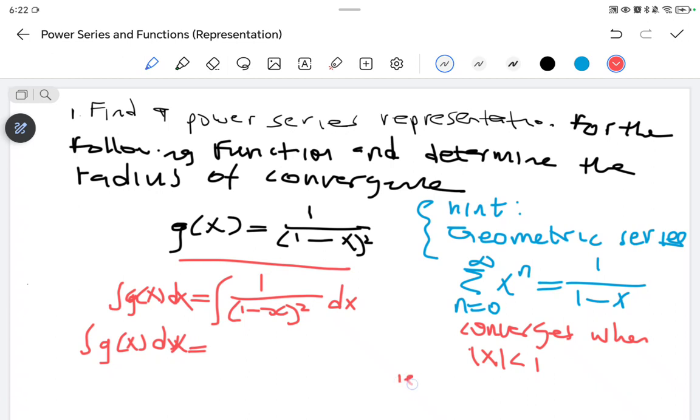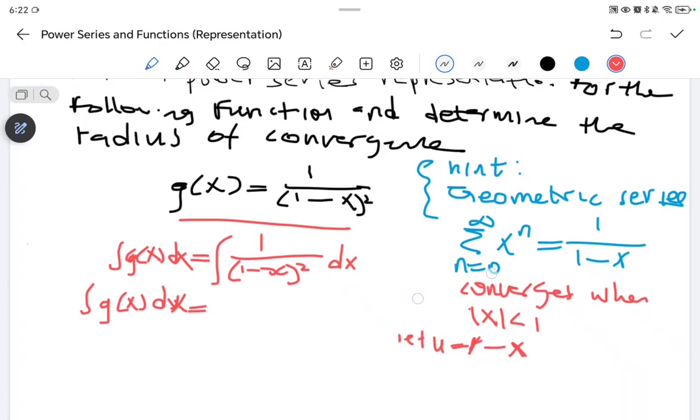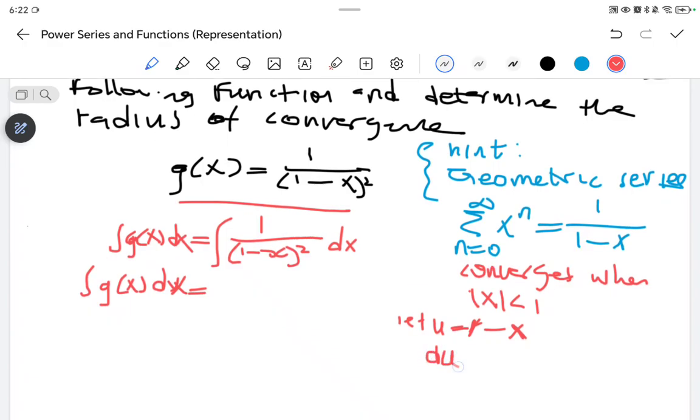We can let u be equal to 1 minus x. Then we derive: du equals minus dx. That means we'll have the integral of 1 over u, minus du. So this will be minus the integral of 1 over u du.